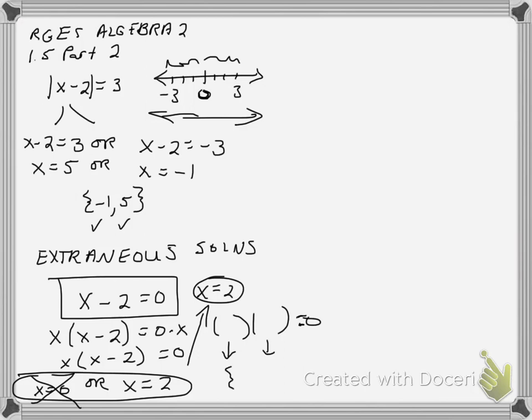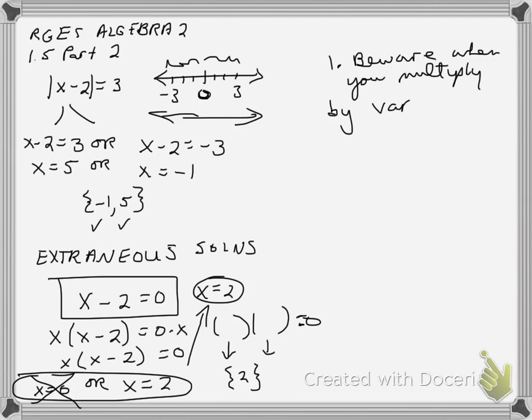So two morals of this story. One, you always have to go back and check your answers. Two, you want to beware of a couple of what we would call valid algebraic approaches that can cause issues for you. One is beware when you multiply by a variable or an expression with a variable.